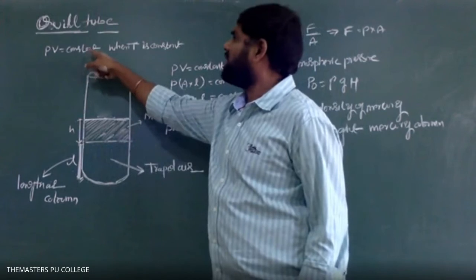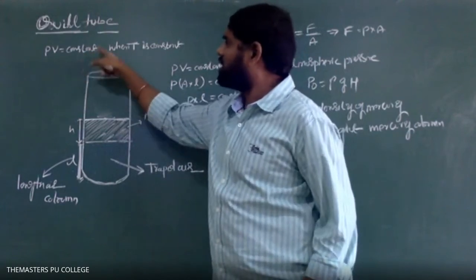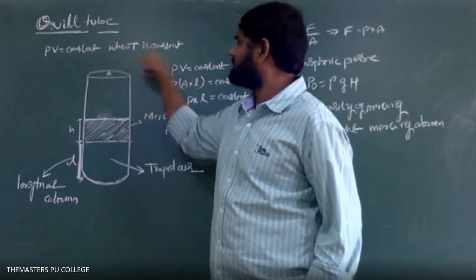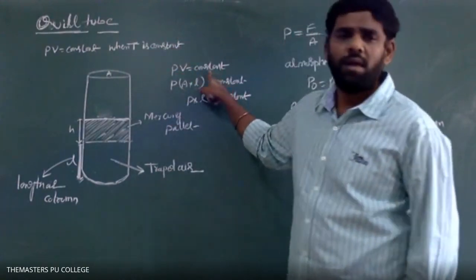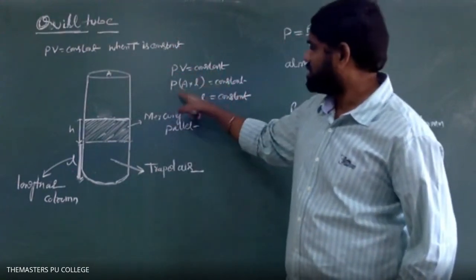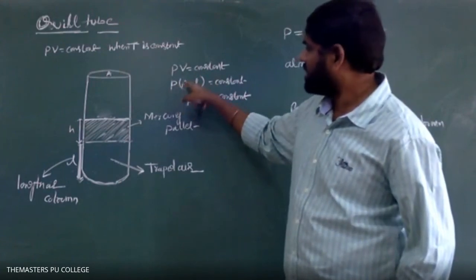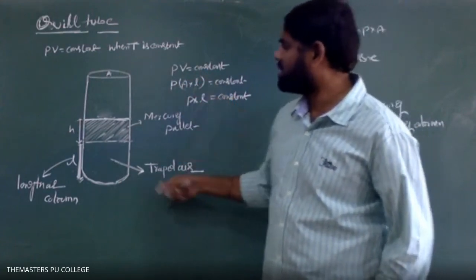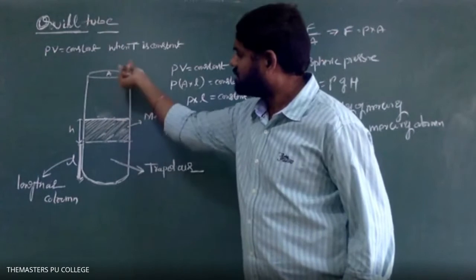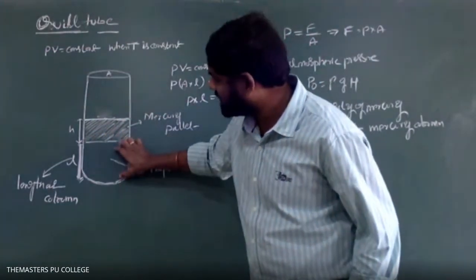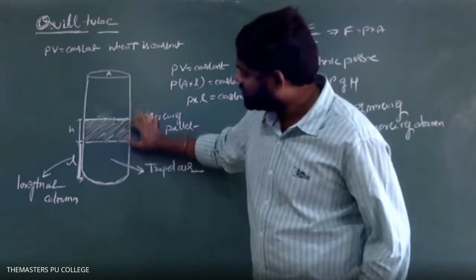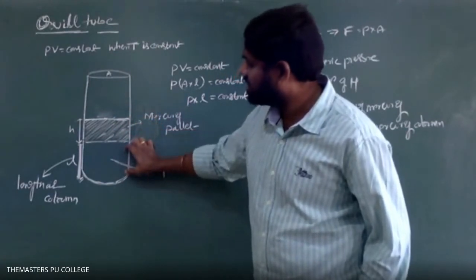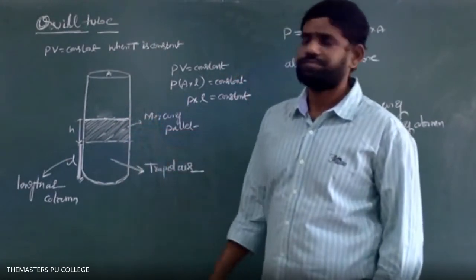According to Boyle's law, the product of pressure and volume is constant when the temperature is kept constant. So PV equals constant, which means the product of pressure, area and length. When the mercury column is moved up, the length of the air column increases, and if the mercury column is moved downward, the length of the air column decreases.